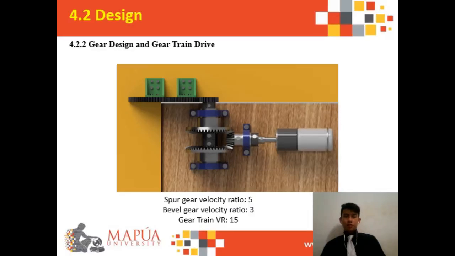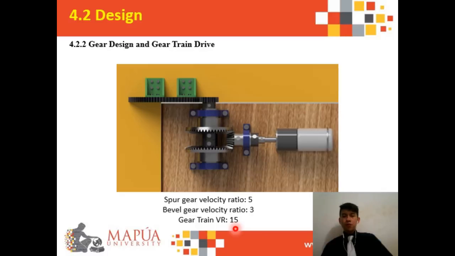Assuming the input angular speed of the door is 15 RPM, and the spur gears have a velocity ratio of 5, and the compounded bevel gear has a velocity ratio of 3, the resulting velocity ratio of the gear train is 15.